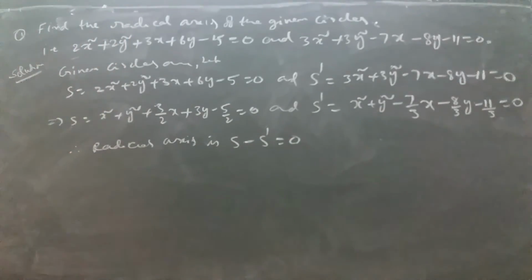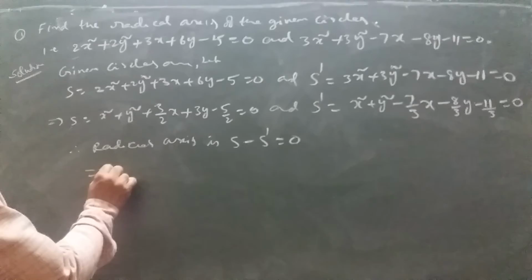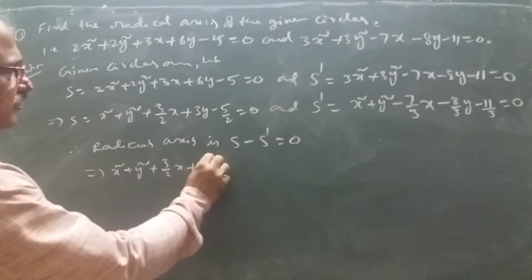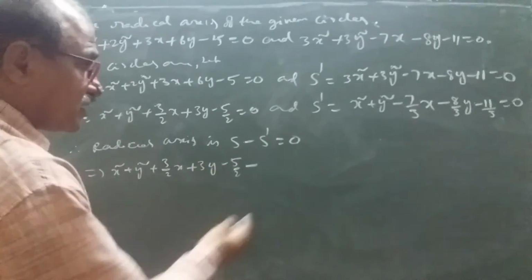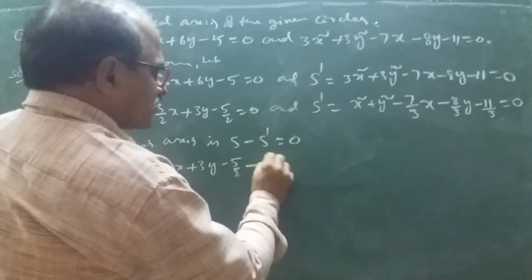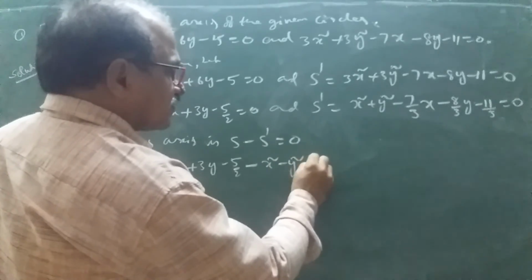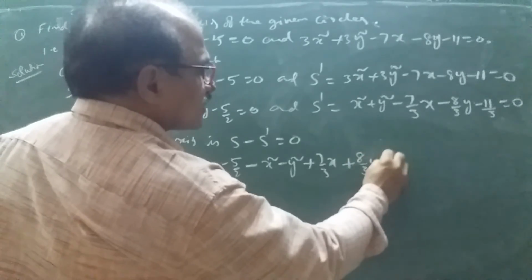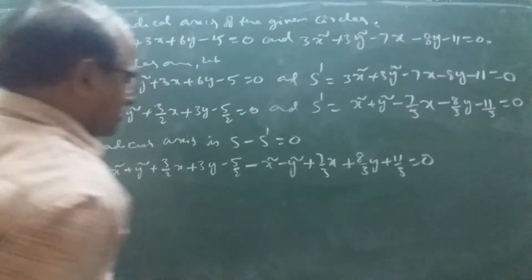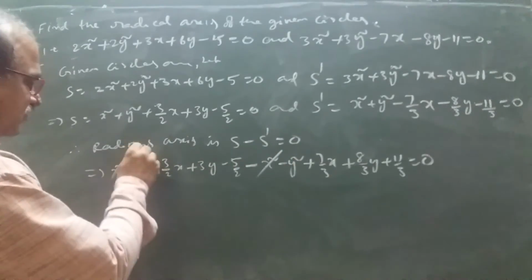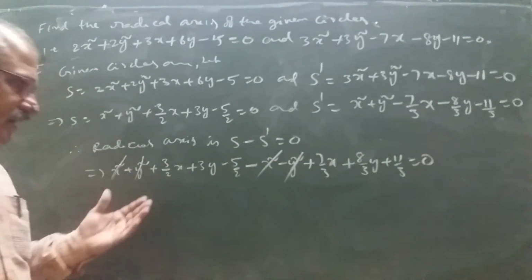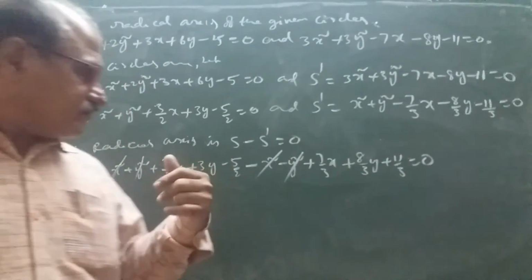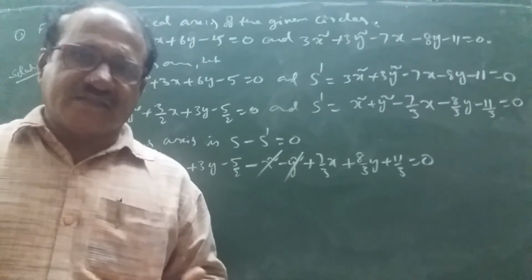Now we have x square plus y square plus 3 by 2x plus 3y minus 5 by 2, minus of x square plus y square minus 7 by 3x minus 8 by 3y minus 11 by 3, should be equal to 0. X square gets cancelled, y square gets cancelled. The remaining x terms and y terms and constants should be simplified.